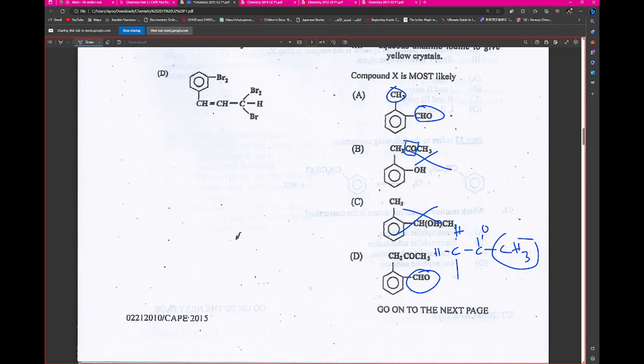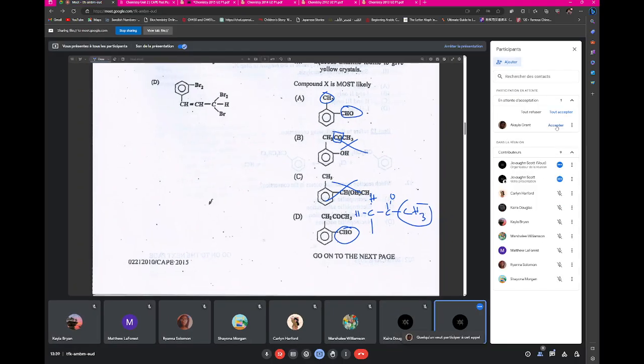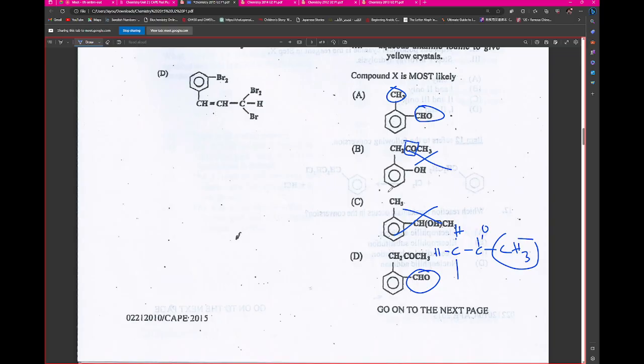Okay. So in order for the iodoform test to work, it has to be an acetaldehyde group, right? So it needs to be an acetaldehyde. So I get what you're saying here. Hold on, let me let in Kayla. Alright, so this would be an acetaldehyde, right? Because I heard you said you need to be on a hydroxyl group.